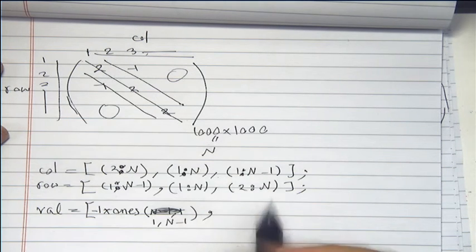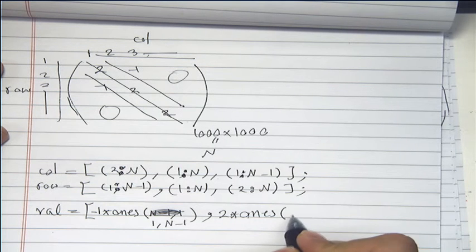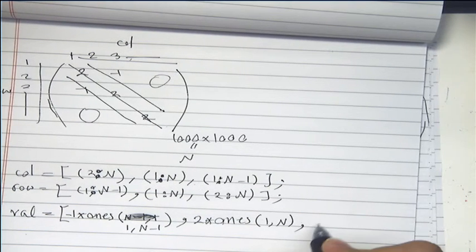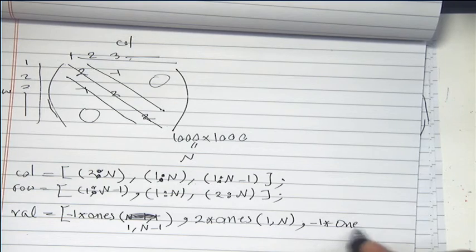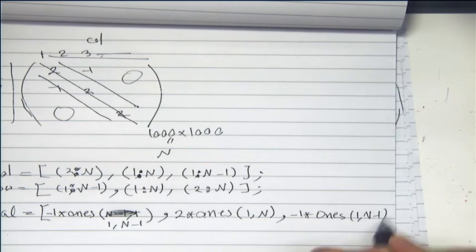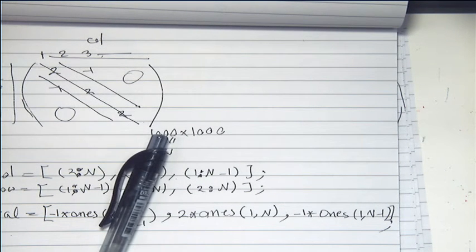The main diagonal is 2, so 2 times ones, 1 by n. And the other one is the exact same size as the upper diagonal. That's exactly what I've done in the code.